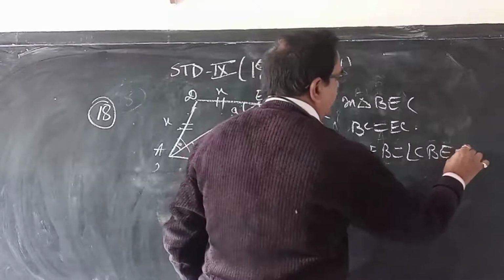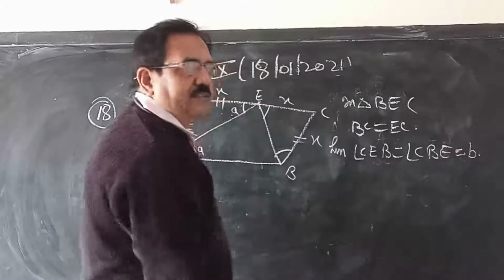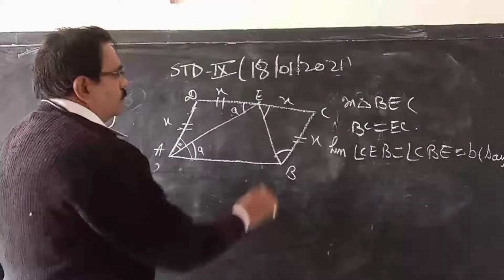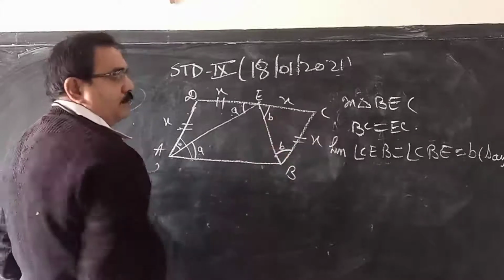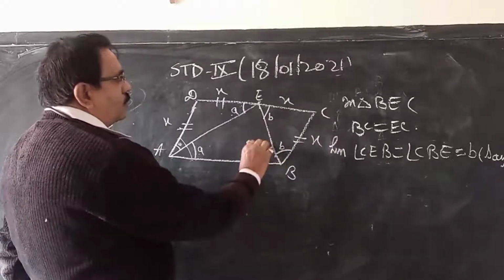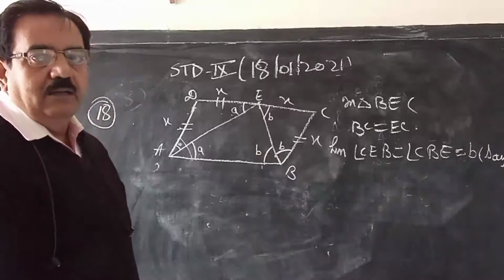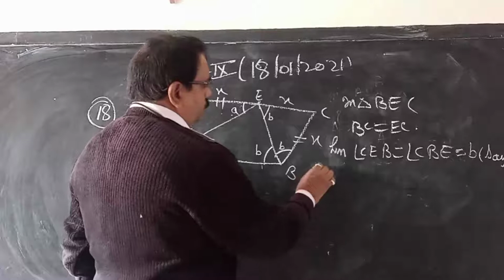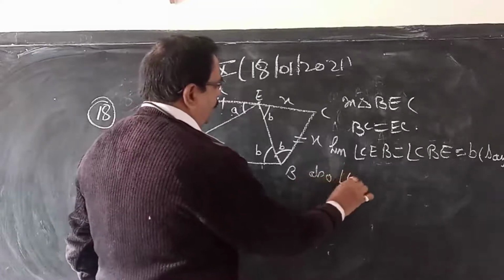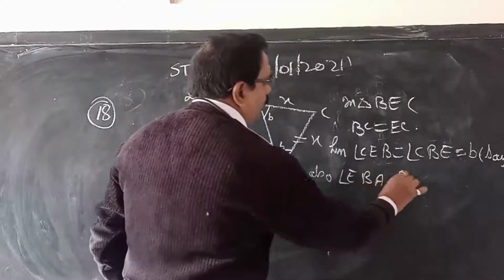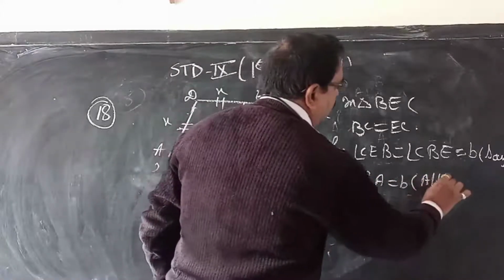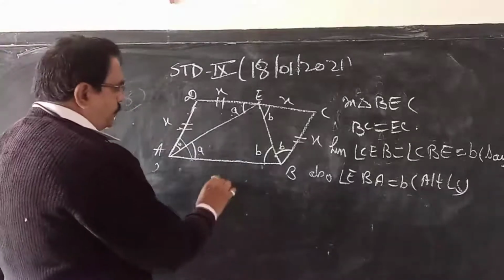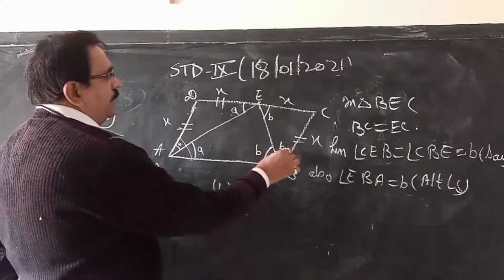Let it be b. So this is b, this is b. Then this angle will also be an alternate angle, so angle EBA will be equal to b, alternate angles.